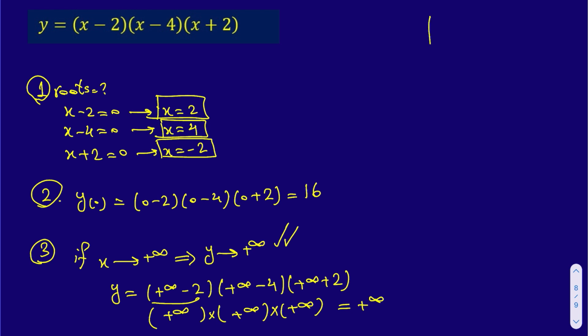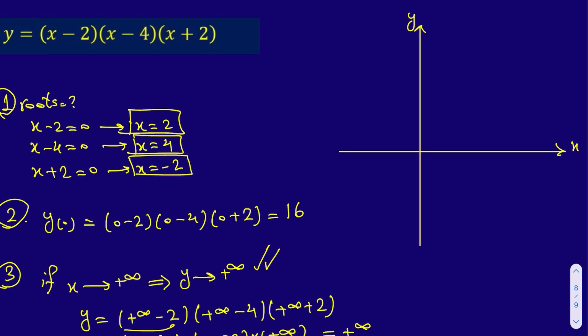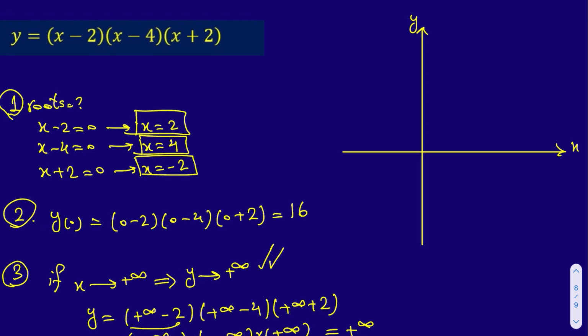Okay, let's draw the graph. This is y and this is the x-axis. So then I need to mark on the x and y axes the roots and the points. So here let's start with -2.